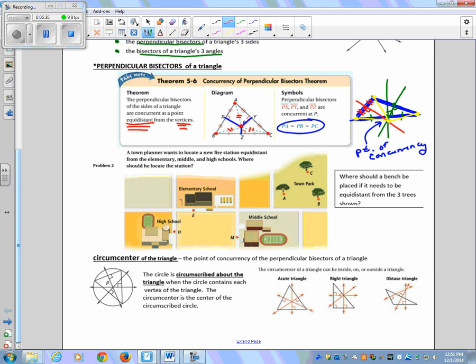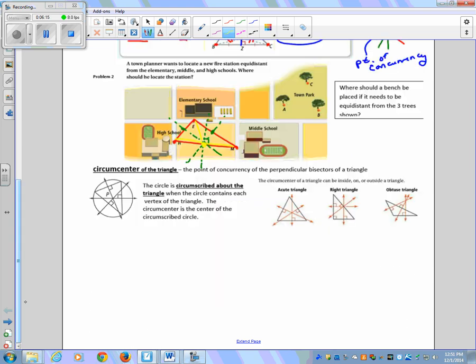So you've got the elementary school at point E, the high school at point H, and the middle school at point M. If you create a triangle out of those 3 points, and then you construct or you draw the perpendicular bisector of each side, you're going to get the one point that is equal distance from each of the schools. So that is where the fire station should be placed.